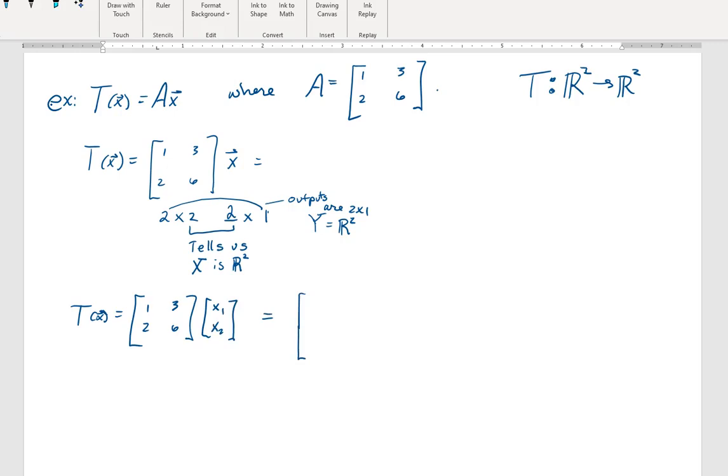When we do that multiplication, we get x1 plus 3x2, 2x1 plus 6x2. That's a vector, not a matrix. Well, a vector is a matrix, but that's a 2 by 1. That's not a 2 by 2. x1 plus 3x2, that's one item. It's a vector.